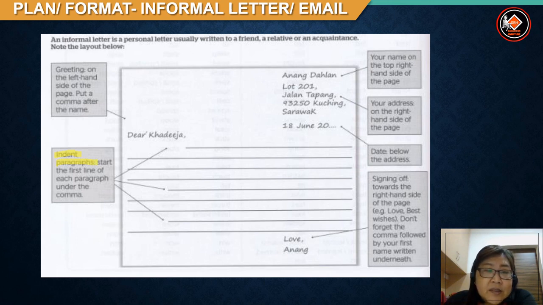You start the first line of each paragraph under the comma, or there are spacings for indent paragraph. For every paragraph, you have to have spacing. After that, you're going to write the last part, which is the ending. And then you can choose just a word, for example, like love. And then sign off by writing your name, Anang.